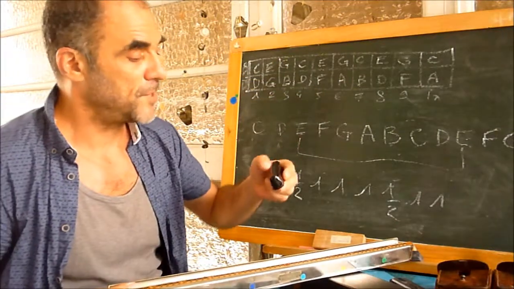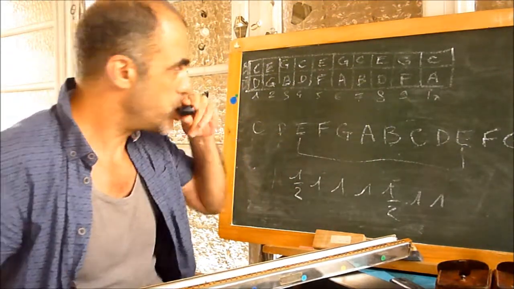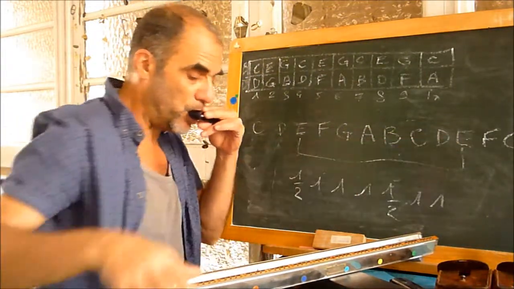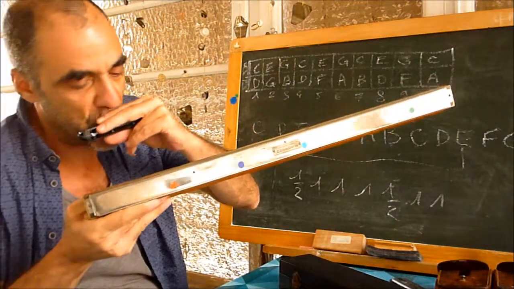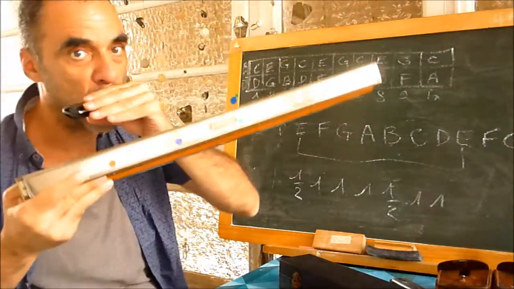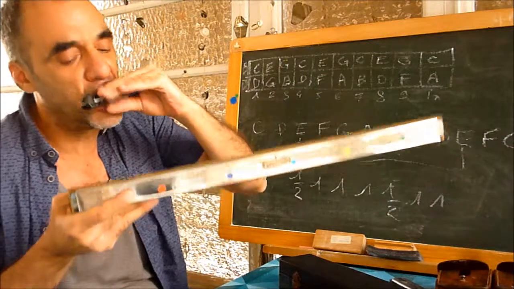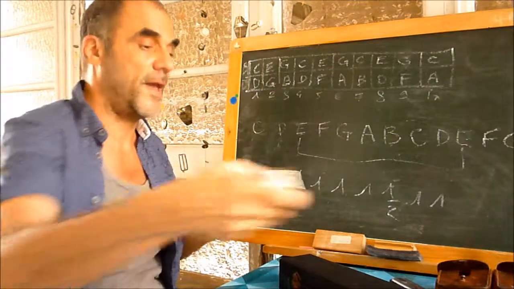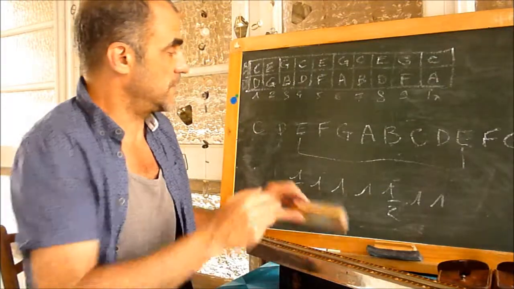So if you start drawing in the fifth, you have the E. It's so different, okay?